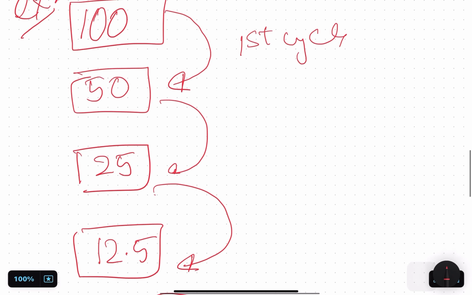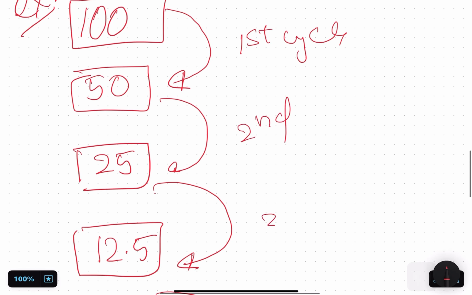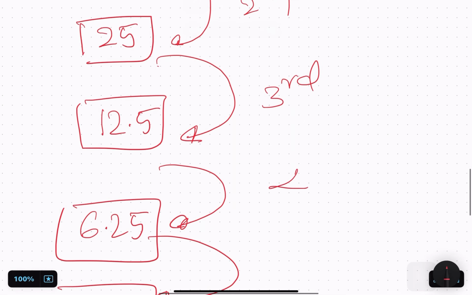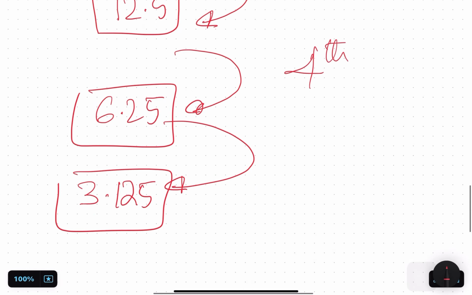Correct? So first, second, third, fourth, then you have fifth.